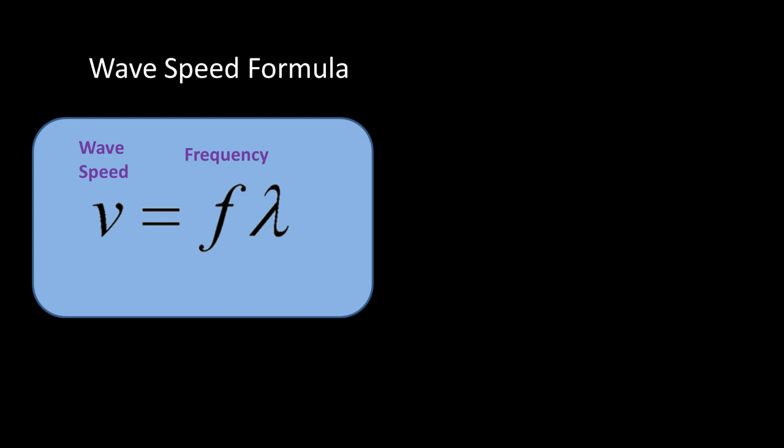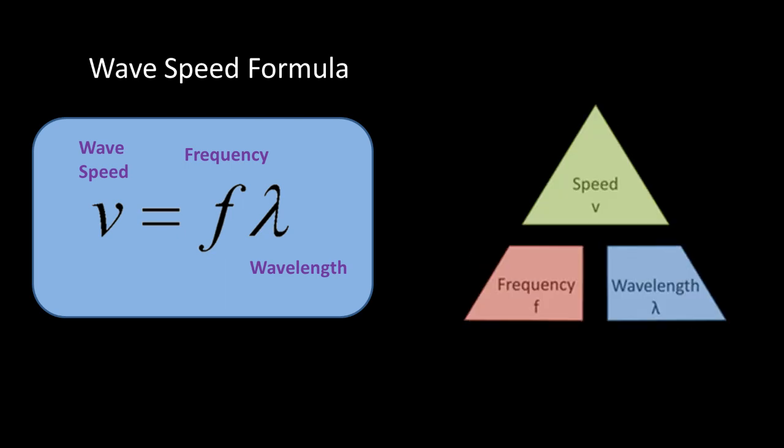The f, of course, is going to be frequency, and that symbol lambda is going to be wavelength. As a reminder, this formula is one of those science formulas that I've spoken to you about before. We can put it into a formula triangle, and we're going to be using that in my next example. So our wave speed formula is wave speed equals frequency times wavelength.